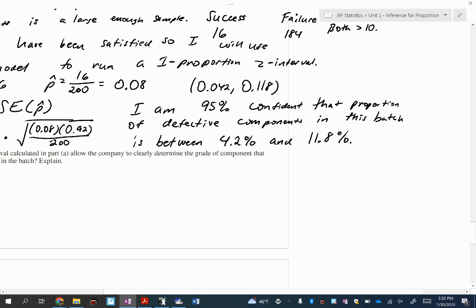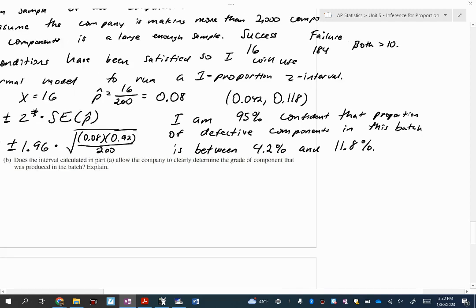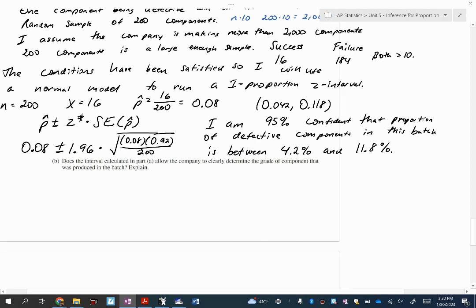And then you want the person reading this to know that even though you only looked at 200 of these components, I don't know how many are in the batch, but I'm expecting it to be more than 2,000, we want to say the proportion of the components in this batch that they found. All right, so something to know that you're talking about that particular population. Any questions on A? That's A. We're not done yet. We still got to do B.